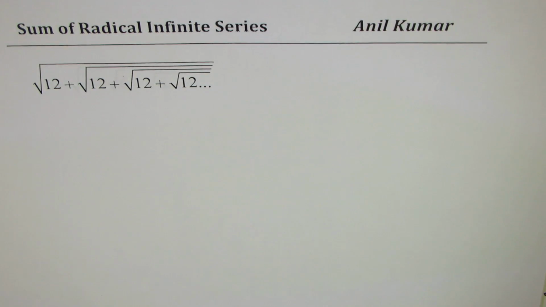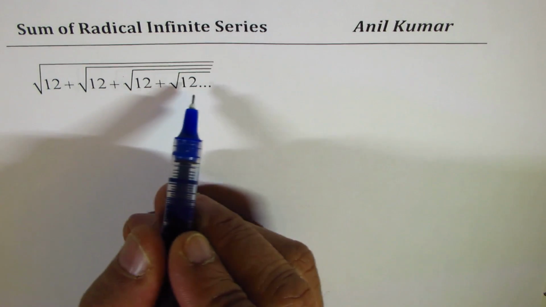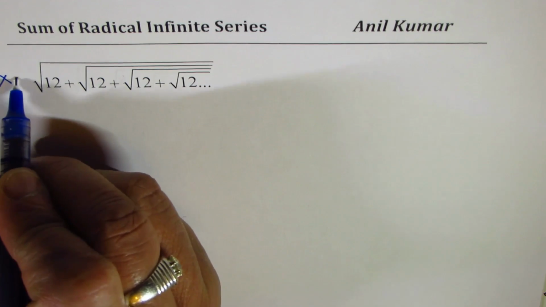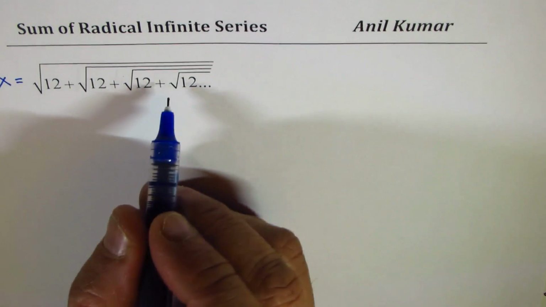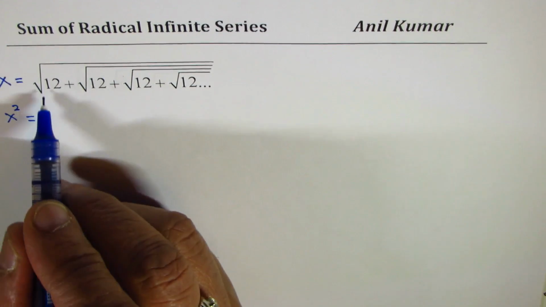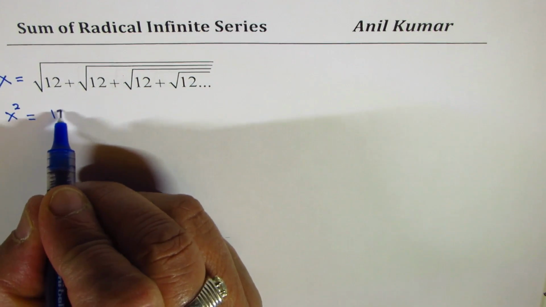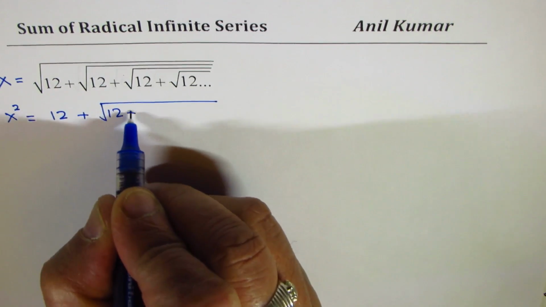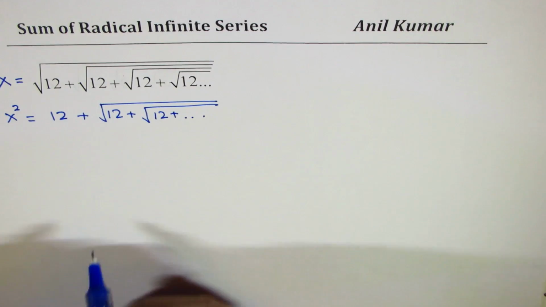Okay. So here's the very first one. We need to find what is all this. Now we can write, let this all be equal to x, correct? It has to have a value. So if this is equal to x, then what is x squared equal to? When we square, this square root will vanish, and we get 12 plus square root of 12 plus square root of 12 plus so on.